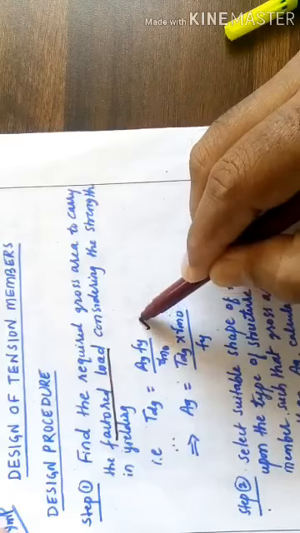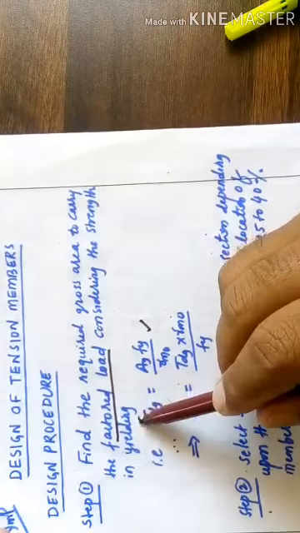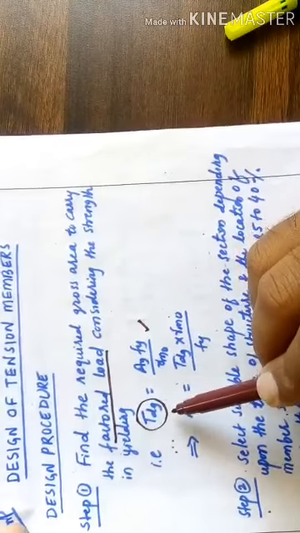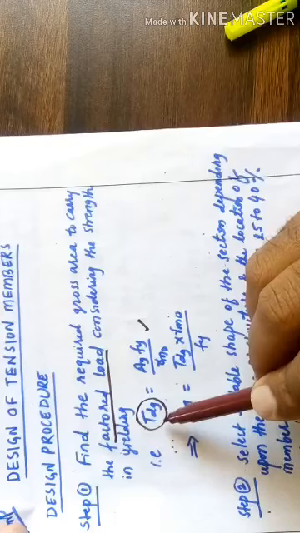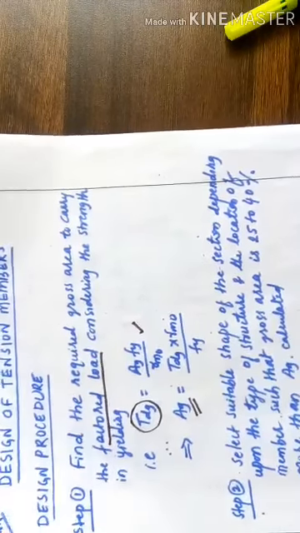So this formula is to be used to calculate the required area. The strength of the member or the factored load will be given in the problem, and for the given load we need to calculate the area required.